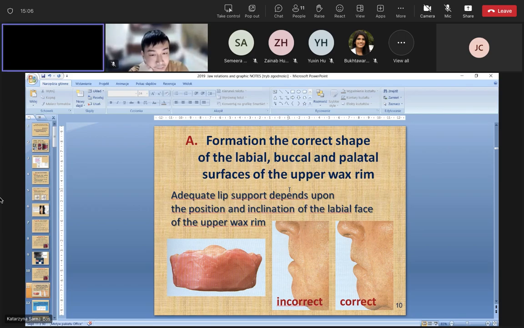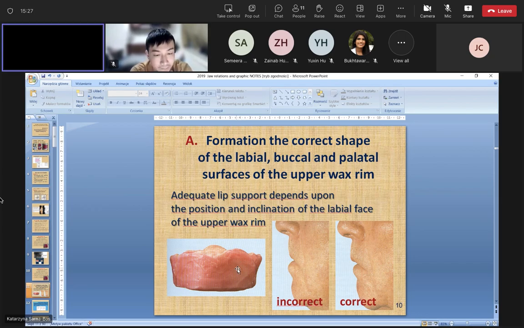Study the patient in full face and profile. Where insufficient support has been given to the lip, only a small amount of the vermilion border will be seen, and the nasolabial groove may be exaggerated. Look at those pictures.